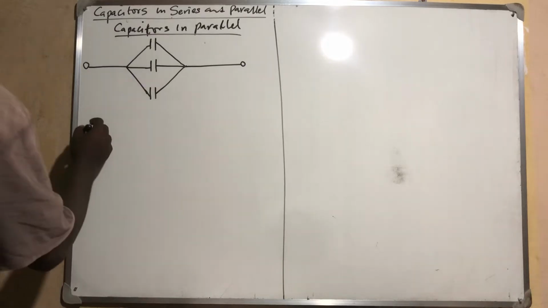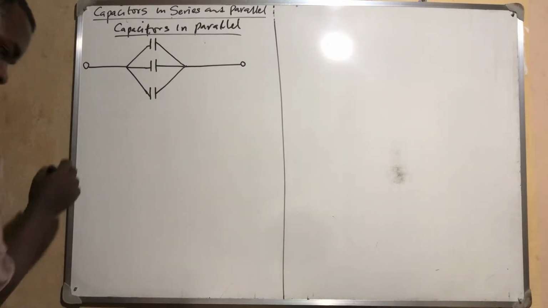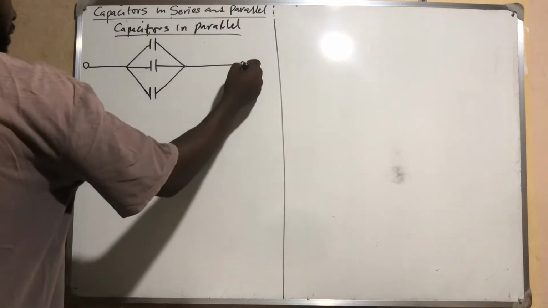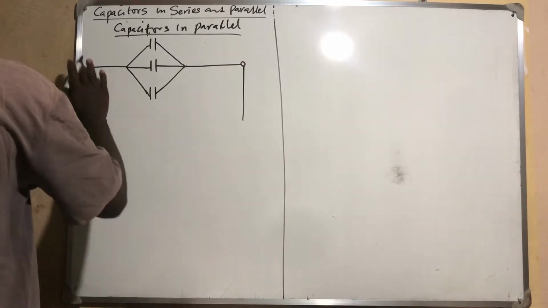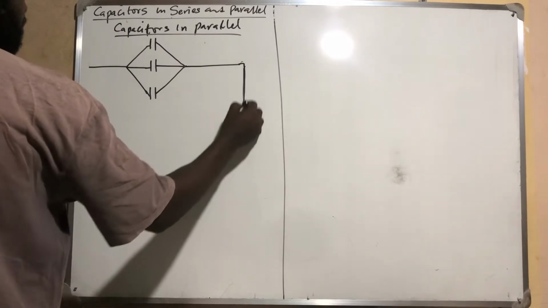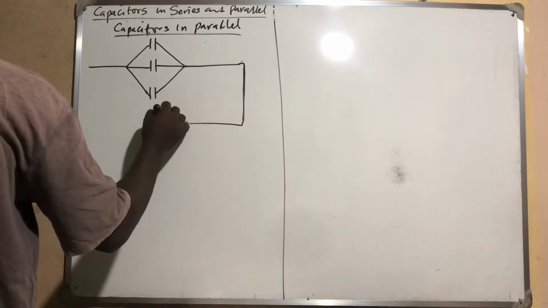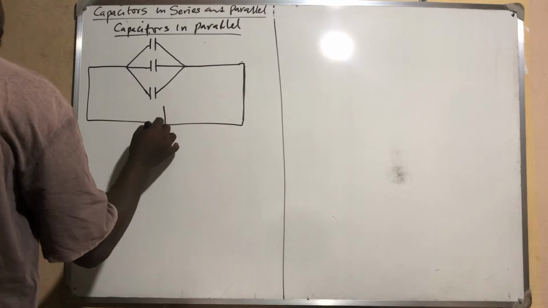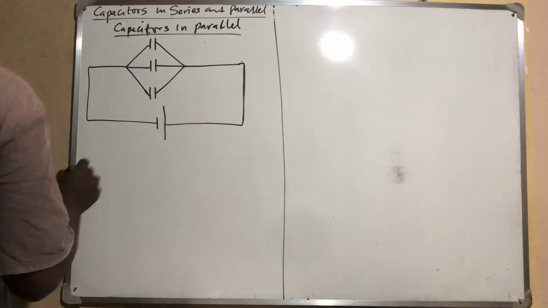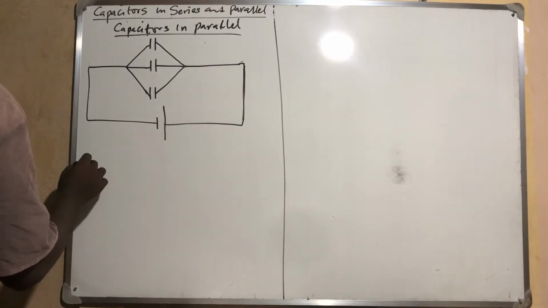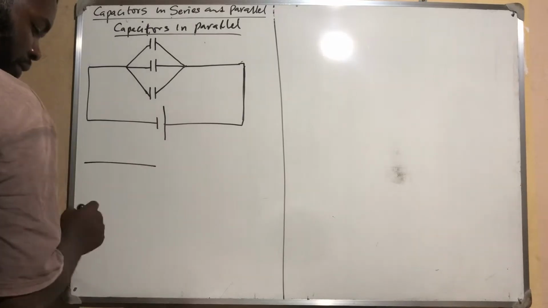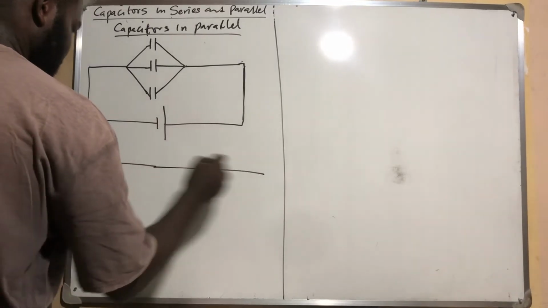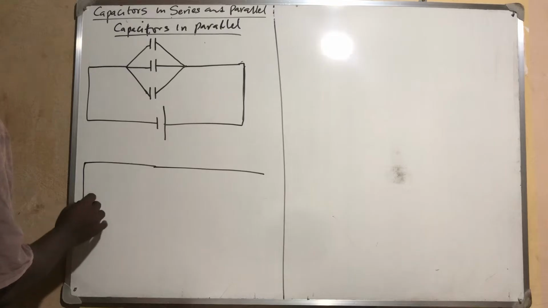Another way we can have it, we can have another one like this. Maybe let me draw the battery. This is the battery. So the next one is I have something like this, and this is a battery here.